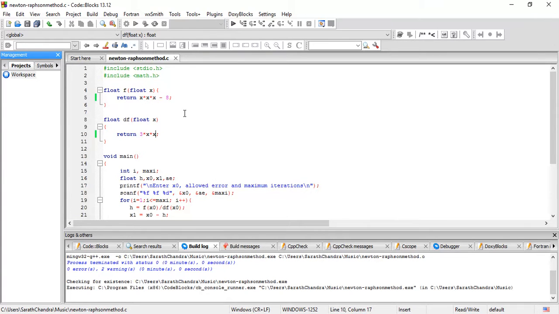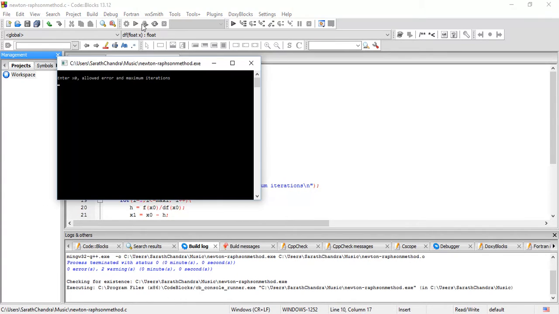Now, let us see from the Newton-Raphson method whether we can arrive at that. Alright, so let us take the arbitrary x naught to be 3, the allowed error to be 0.0001, and the maximum iterations to be 6. Using the function, we arrive at the root 2.